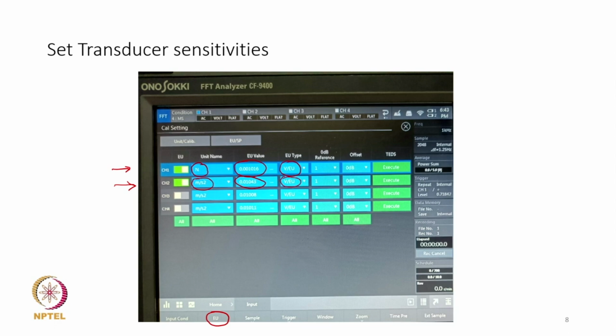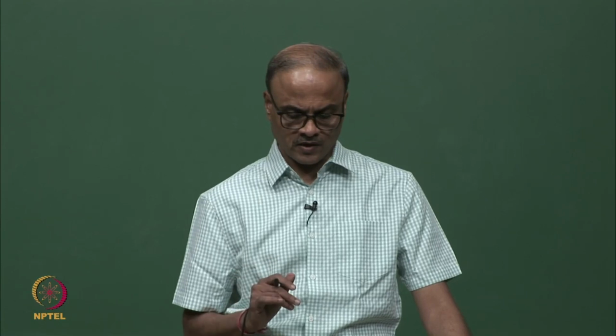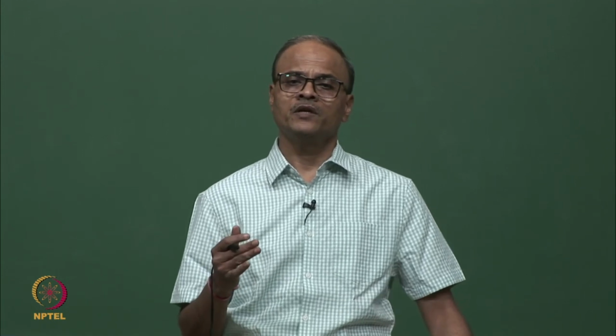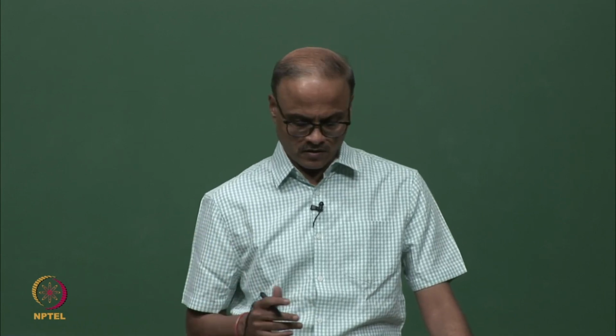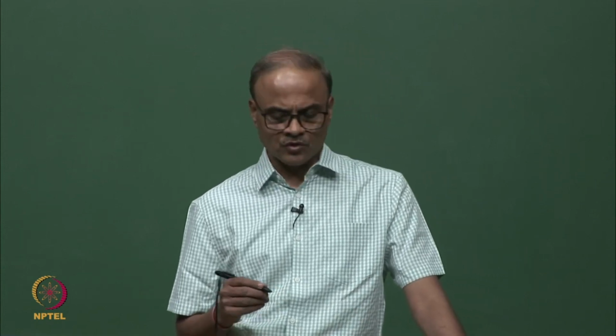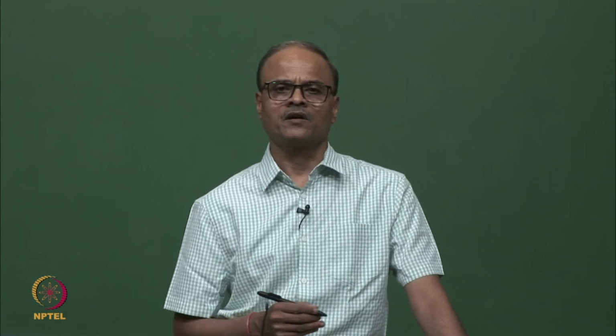So in this way we need to provide the correct sensitivity values, and this is very essential, otherwise the FRFs that we get will not be appropriately scaled, and then when those FRFs are analyzed, the mode shapes that are extracted would also not have a proper scaling factor, they would be arbitrarily scaled. Therefore it is necessary to have the correct knowledge of the sensitivity and to use that in the analyzer so that the FRFs are correctly scaled.